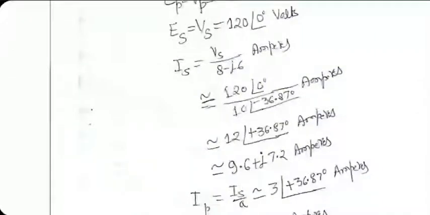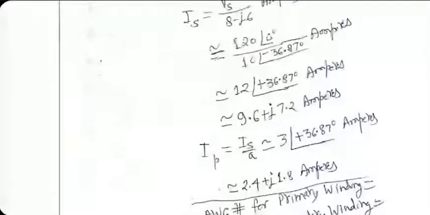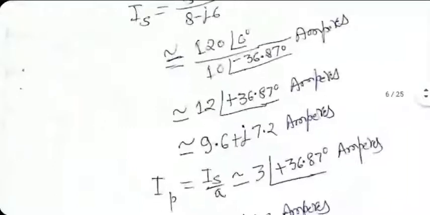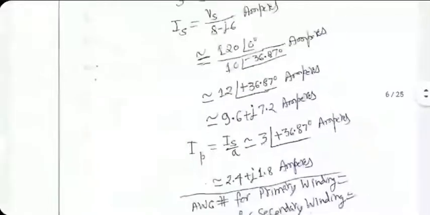Now the formula for calculating IP is still the same, but now complex values will be involved. IP is IS divided by A. A is known to us as 4. So it will be simply 3 and phase angle will not change. The division by turns ratio does not change the phase angle. Primary and secondary will be in the same phase.